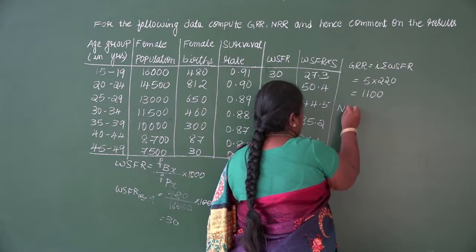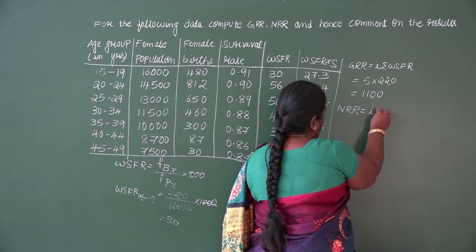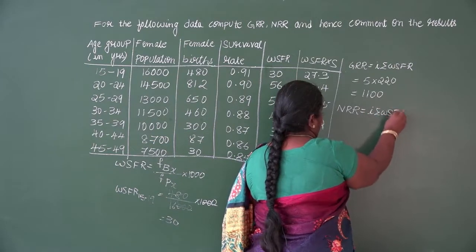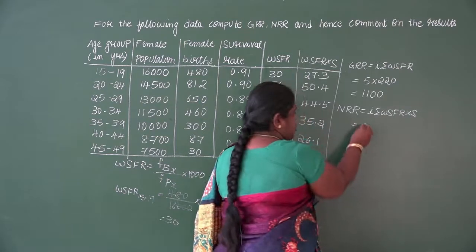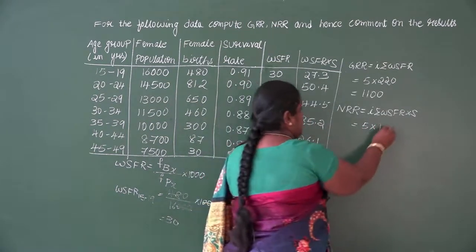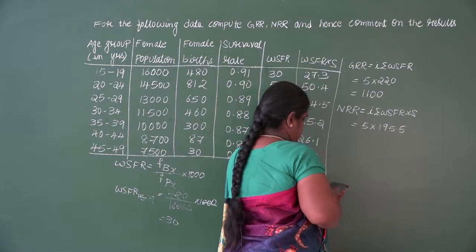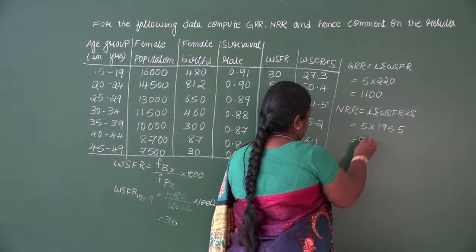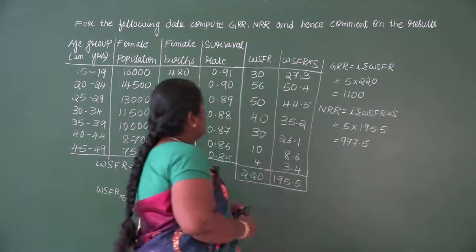Similarly, calculate NRR. It is I sigma WSFR into S. Again in this also I is 5. So 5 into 195.5. When you multiply, we'll get 977.5.